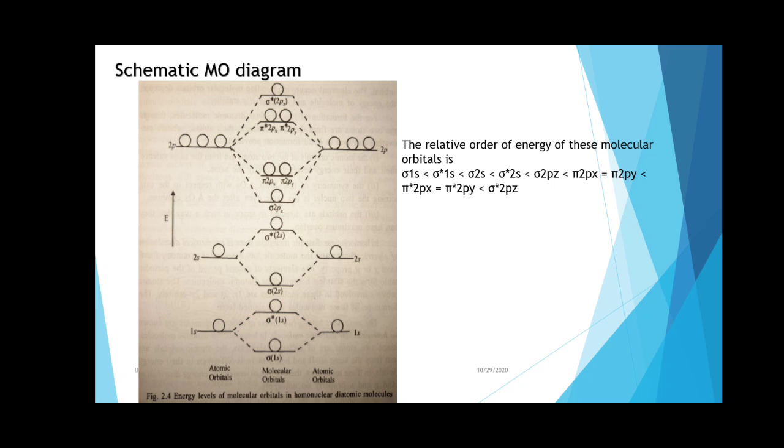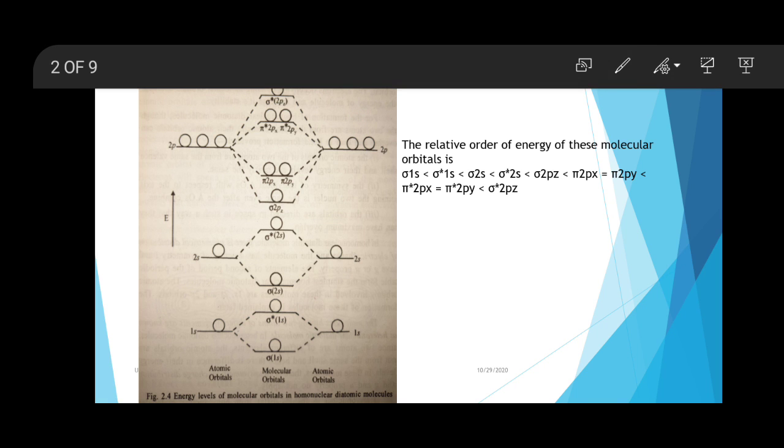So here, when two atoms of the same element contribute their atomic orbitals in the valence shells which contain unpaired electrons, when they take part in the formation of molecules, these atomic orbitals should have the same energy, which is mentioned here.